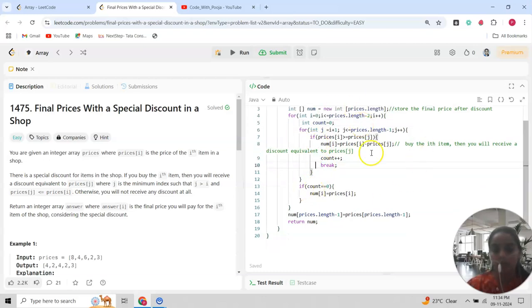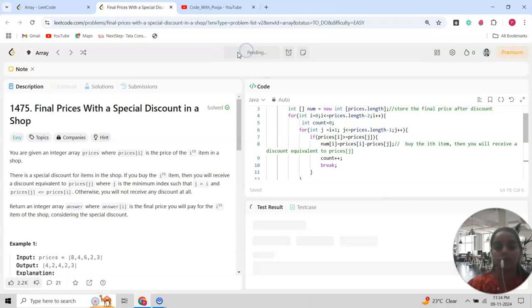If it is not found, it completes the loop, reaches outside the j loop, and checks whether count equals 0. Then it puts prices[i], the same price, into nums[i]. After that comes the last element, which stays the same.